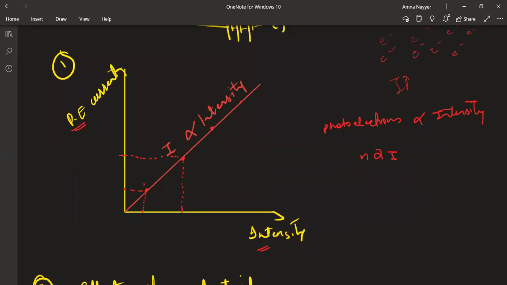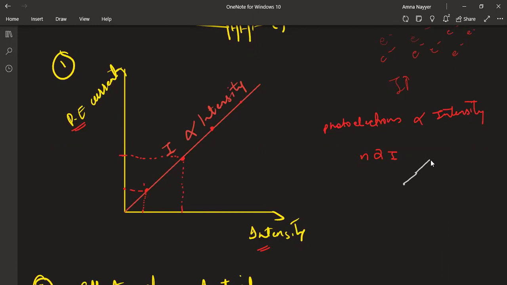So current versus intensity. Current is directly proportional to intensity. If you allow radiations of a fixed frequency to fall on any metal plate, then what will happen? As you keep on increasing the intensity, the value of photoelectric current will also increase.